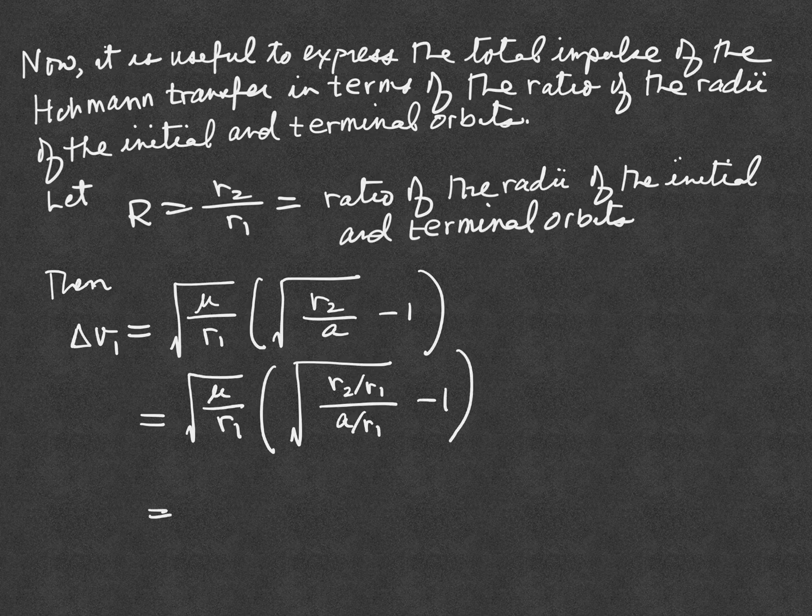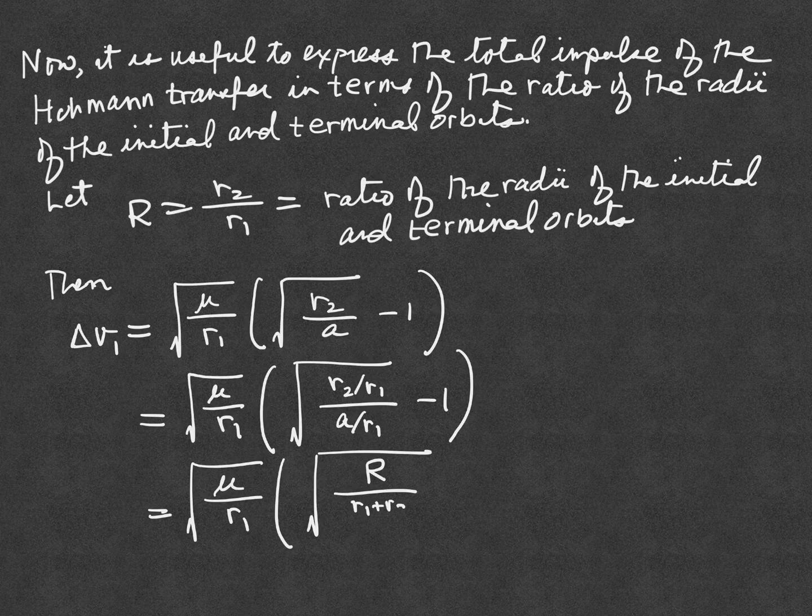But that's equal to the square root of mu over R1 times the square root of R, because R2 over R1 is R, all divided by R1 plus R2, all divided by 2R1, minus 1.